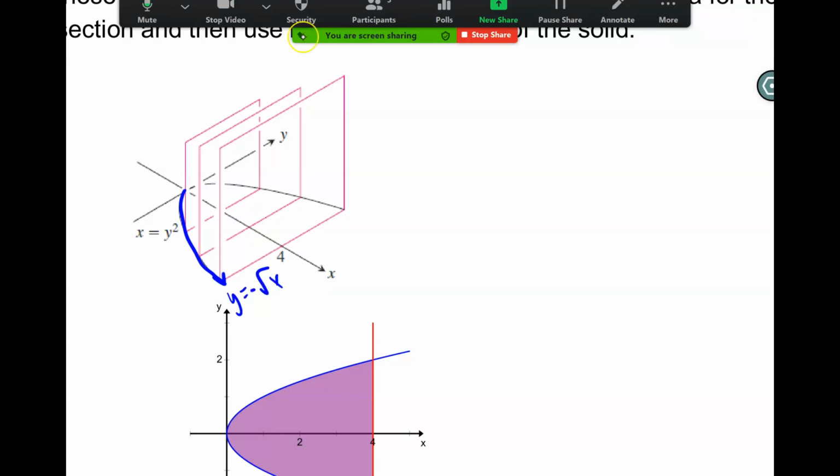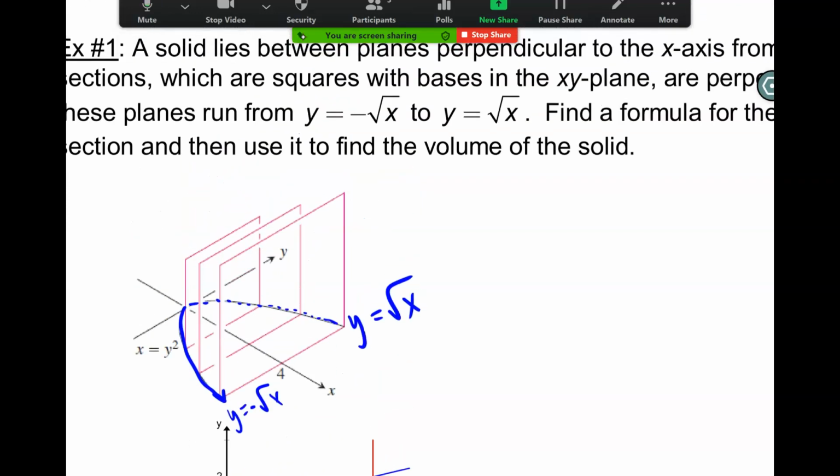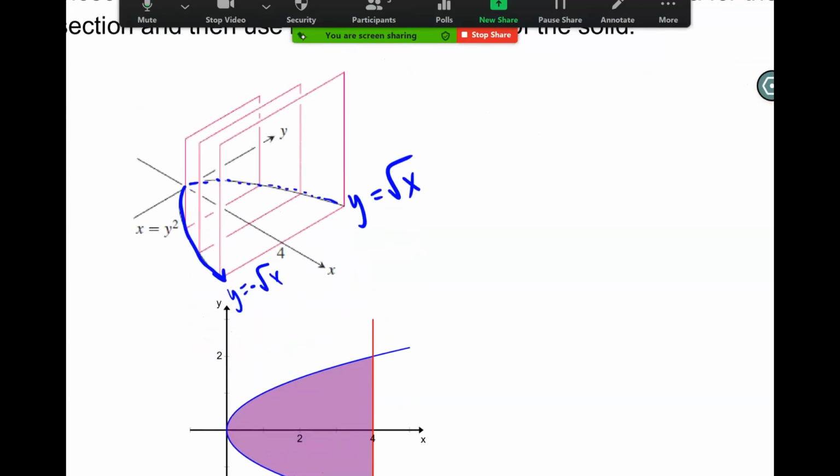The graph up here, I'll do dots so you can see a little better, is y equals positive root x. I'm going the same length on both sides, and it says we're using squares. To find the total length across, I multiply this by 2. This length right here is root x, so the overall side length is 2 times root x. That's the length of my side.